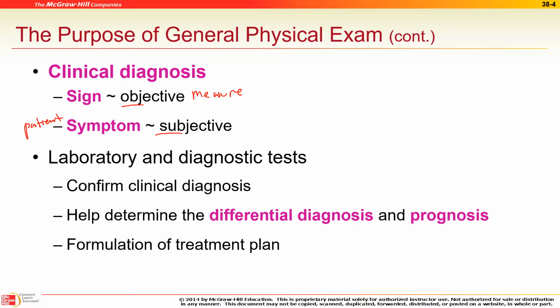Other things we do, differential diagnosis. Okay, you got a bunch of symptoms, but it could be this disease or that disease. So how can we tell them apart? So we might run some further testing to differentiate between those two. Prognosis, progress, right?